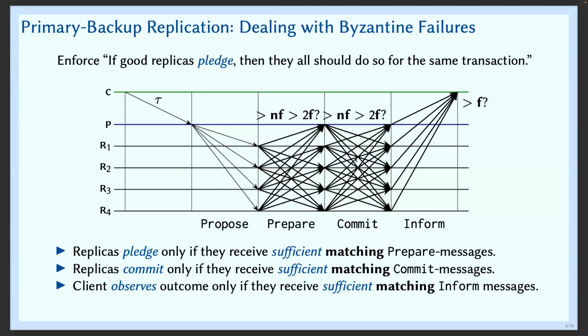Think about it. Coming back to you. What happens if the client collects 2F plus 1 commit messages?